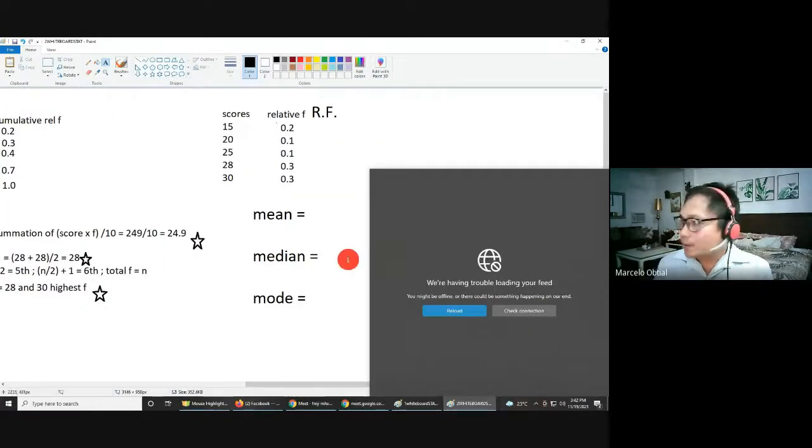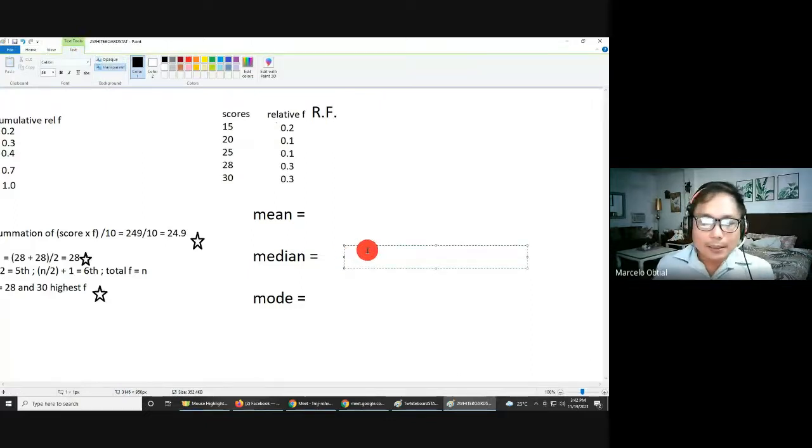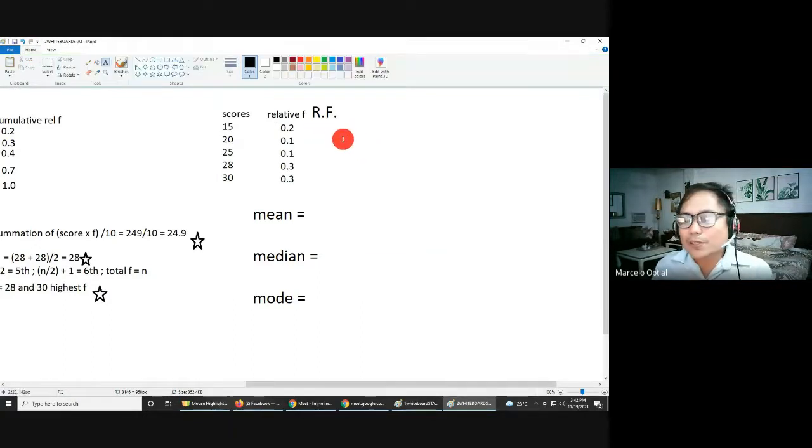I told you a while ago that, to get the relative frequency, you think of the word relation, ratio, okay? Relation sa answer, no, sa total, okay? So meron ka dapat denominator at numerator dito. So the question here, ano dapat yung denominator natin dito?